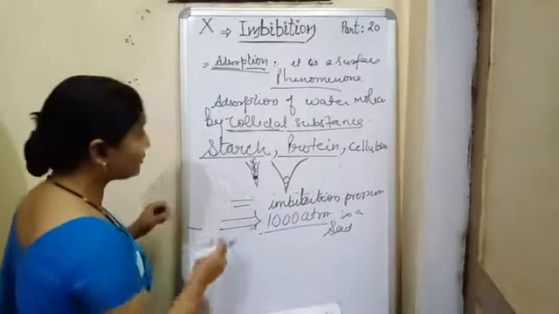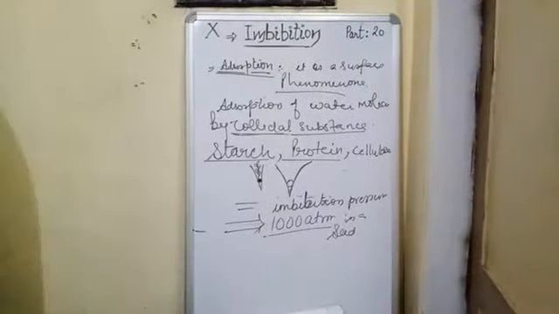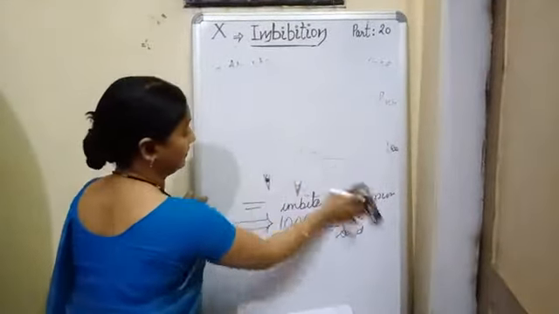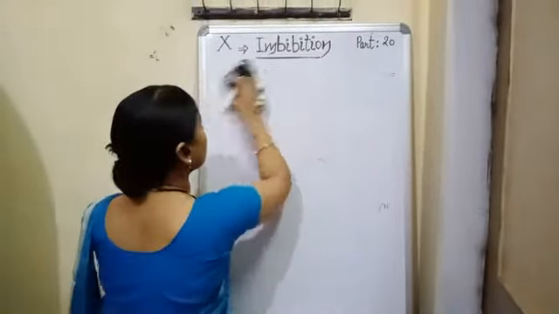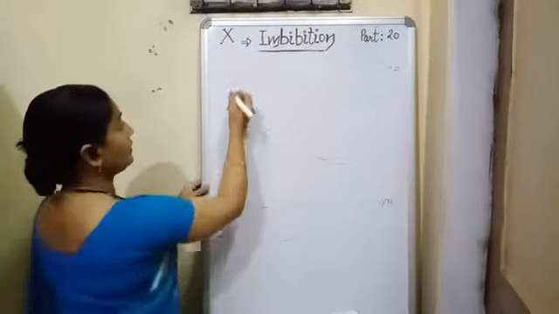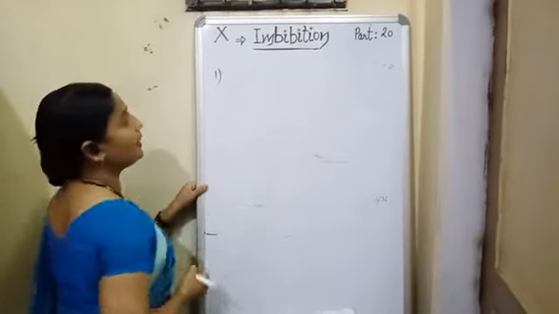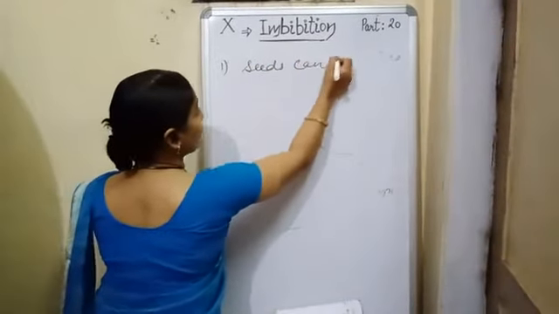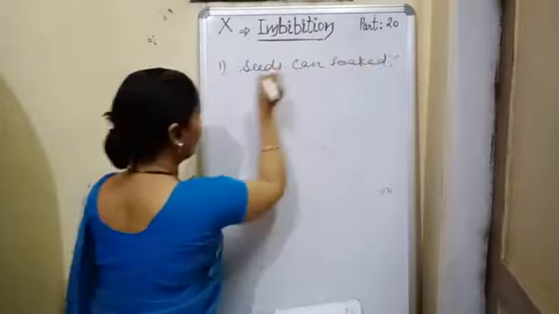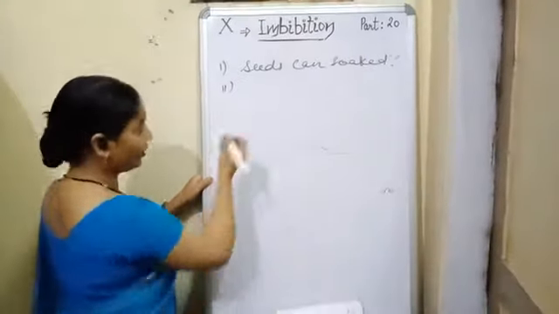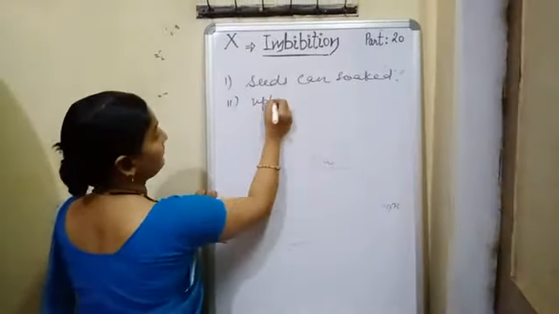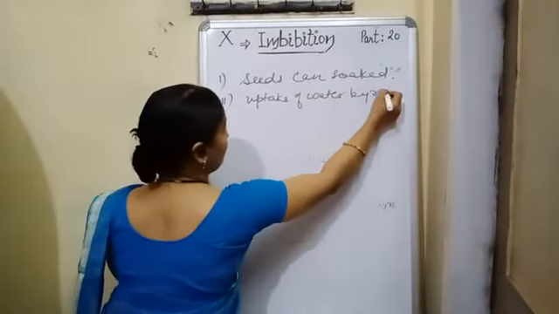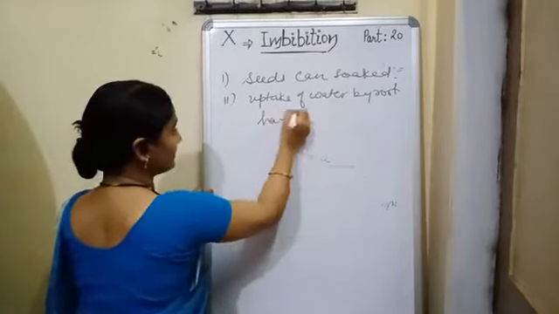Now we have to see the significance of the imbibition. Number one, by imbibing water, seeds can be soaked. First point. Second point, it helps in uptake of water by root hairs.